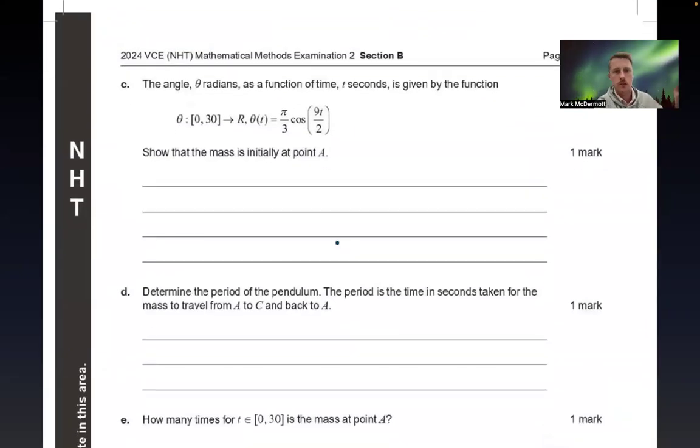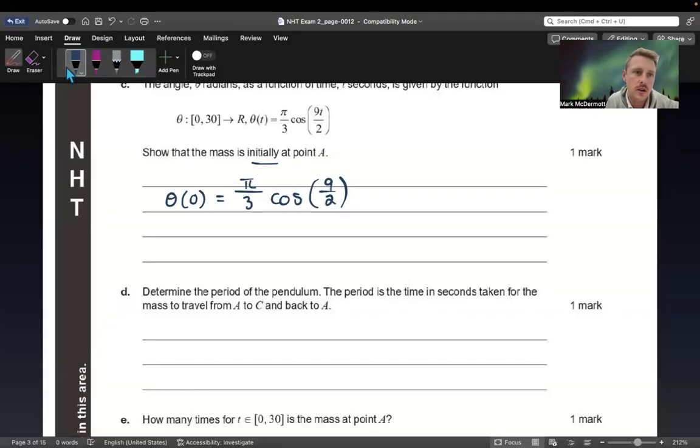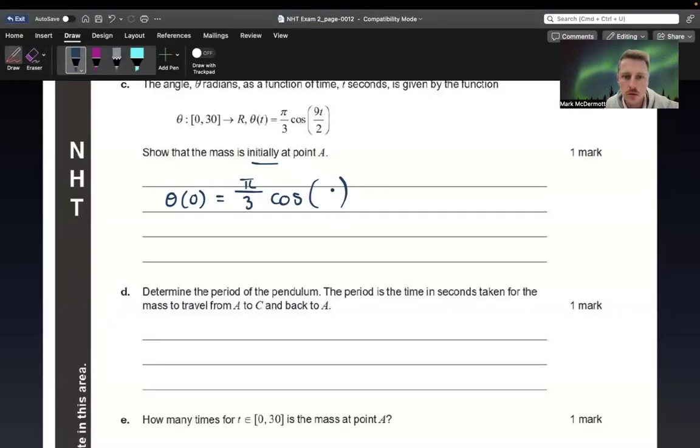Okay, the next one. The angle theta radians as a function of time, t seconds, is given by the function S. Show that the mass is initially at point A. Initially should jump out at you, so we're just subbing in 0. So theta of 0 equals pi on 3 cosine of 9 on 2 times 0. 9 times 0 is 0, so cosine of 0.